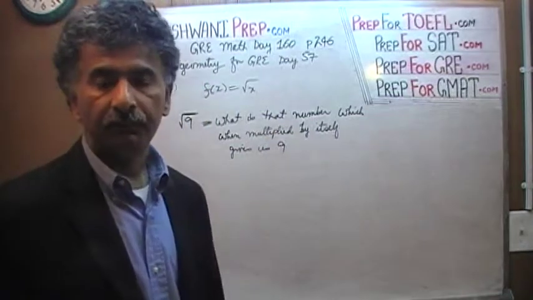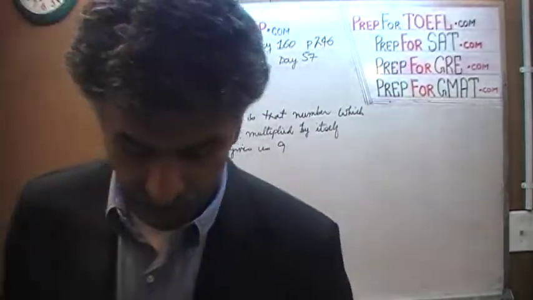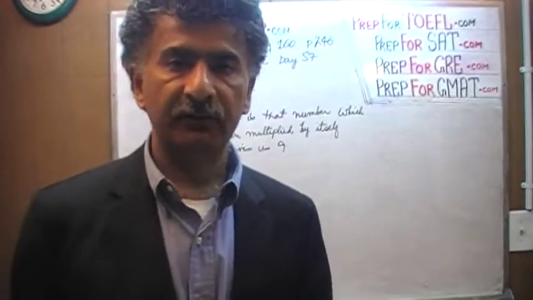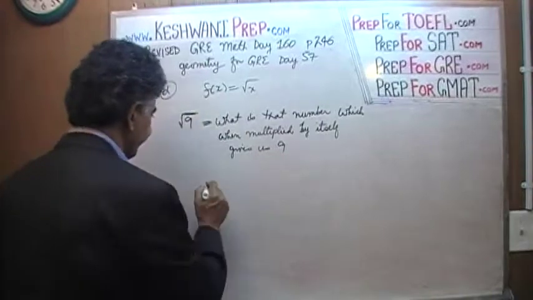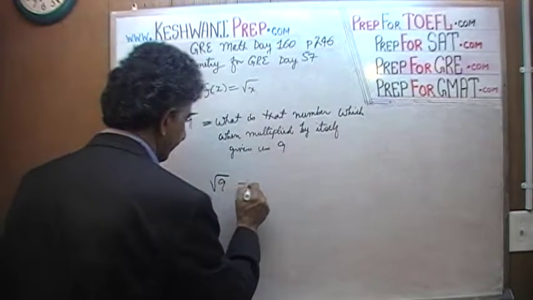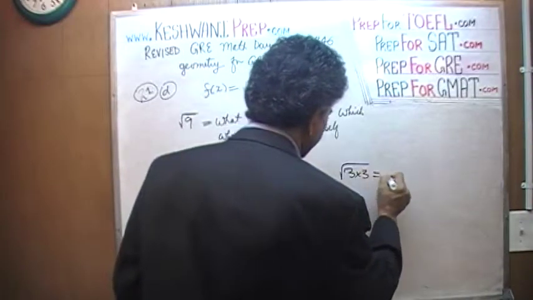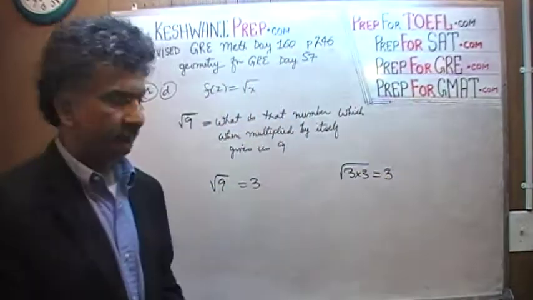That is the question. Think about it. What is that number which when multiplied by itself gives us 9? And the answer of course is 3, because 3 multiplied by itself gives us 9. That's what it means.